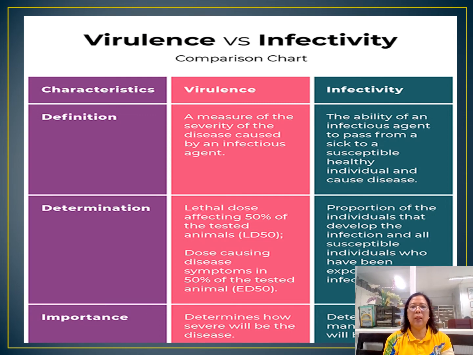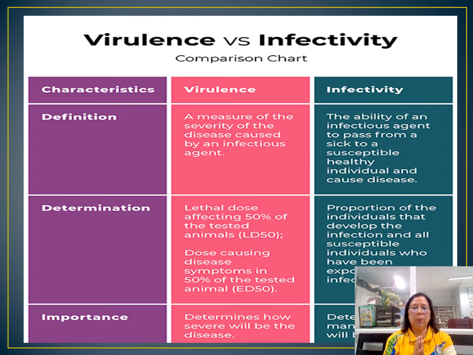This is another term also to differentiate infectivity from virulence. So, virulence, as we have made mention, is measured by the severity of the disease caused by an infection. Infectivity is the ability of an infectious agent to pass from a sick person to a healthy person.